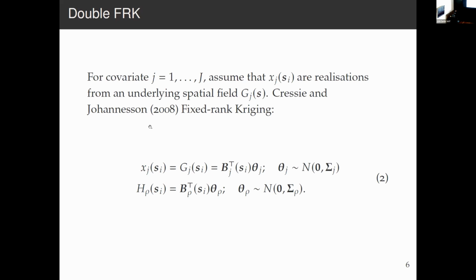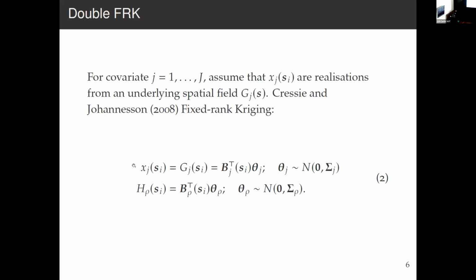So how is that related to fixed rank Kriging? Well, fixed rank Kriging is a way to model smooth spatial fields, and they propose that you can model any smooth spatial field with a linear combination of basis functions. So this Bj transpose Si is just some basis functions.